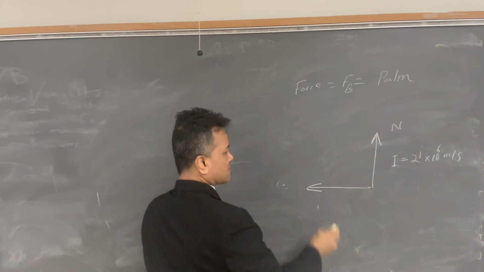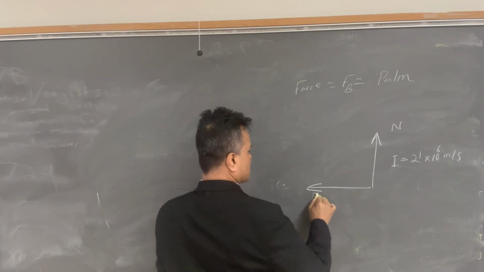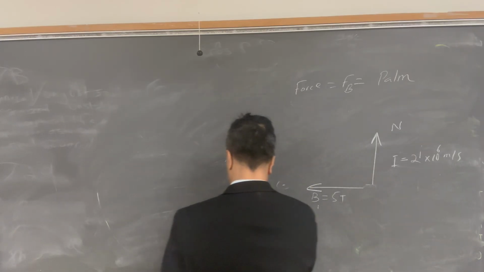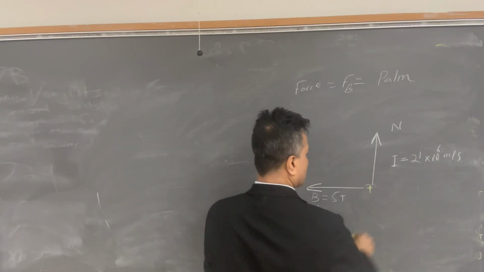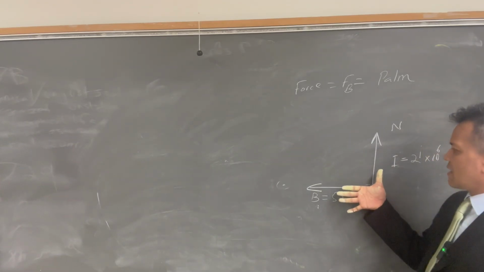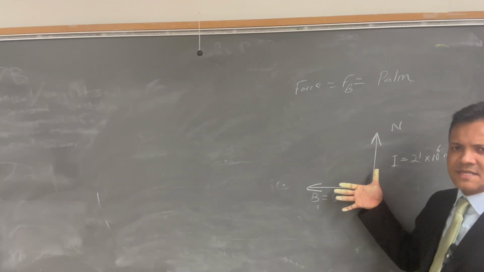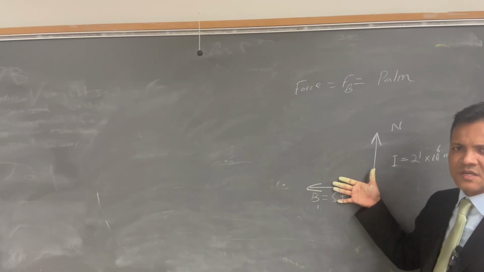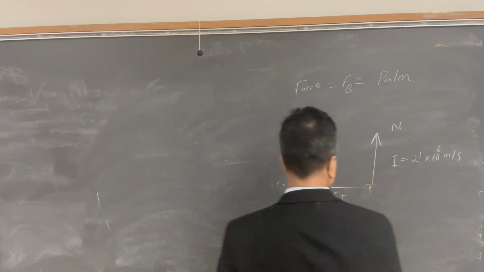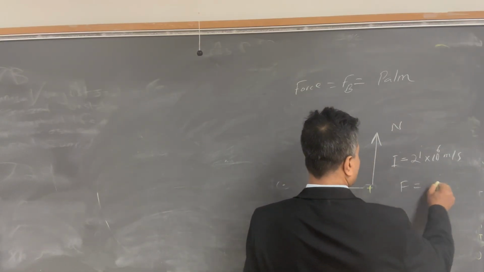And consider a field which is like 5 Tesla. On a positive charge, what is the direction of the force? Well, it's very easy. My thumb is at the direction of the current and my fingers is at the direction of the field. You're going to read my palm. It's outward. So the force is outward.